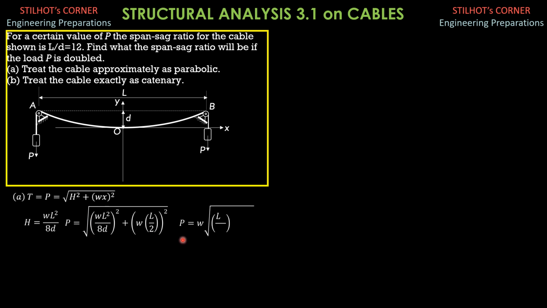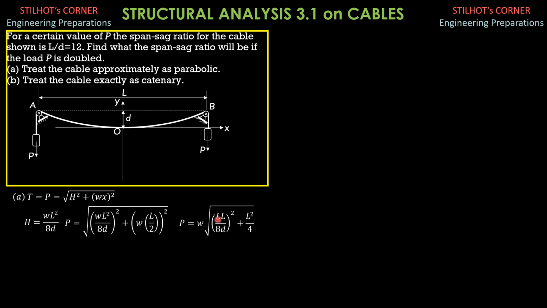Let's simplify. Let's have W first. Let's break L square here into L times L, then over 8D plus the second part, after we put W outside the radical, is L square over 4. And take note that L square is common again.